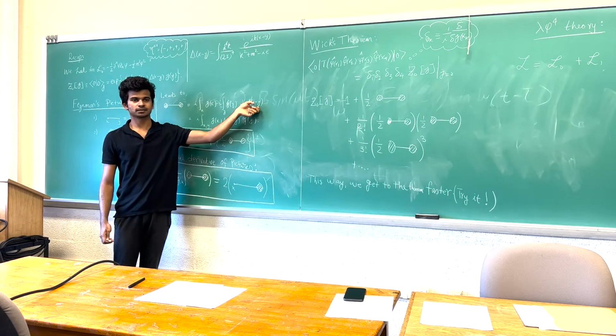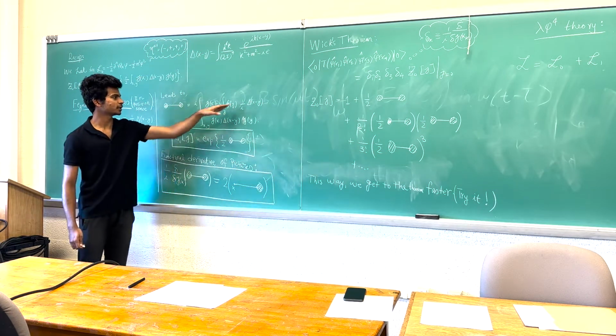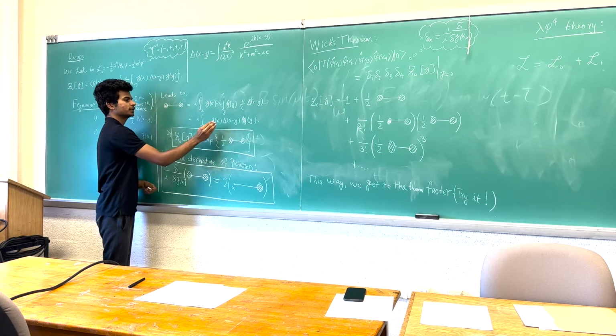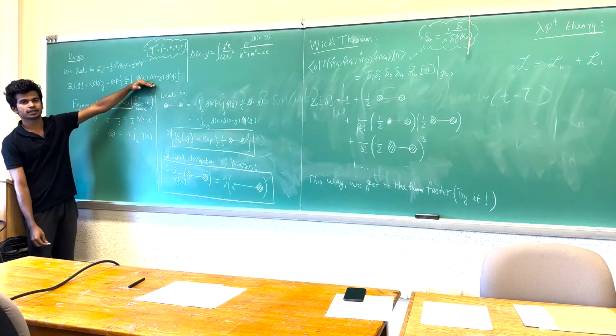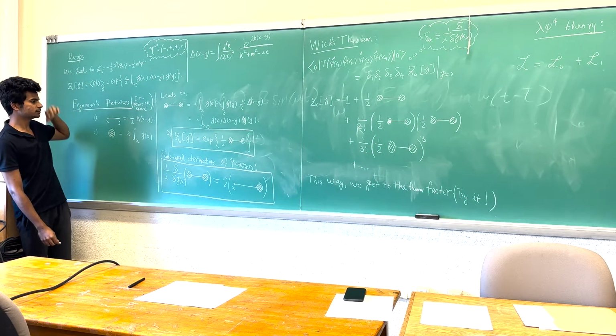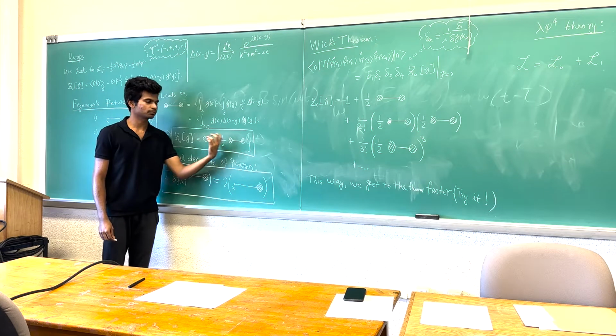Is that clear? Are there questions about that? Then you can cancel one i off, and then you get integral x y, this thing which you had on top of the exponential. So you can write Z0 of J in terms of this picture. It's exponential of half blob.